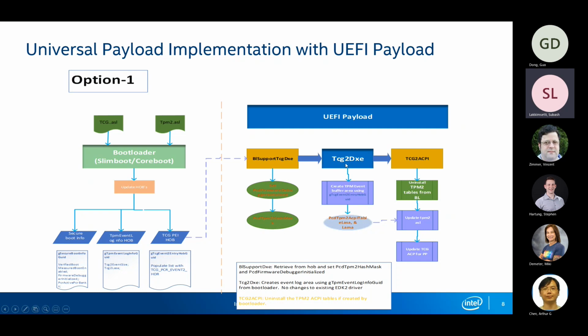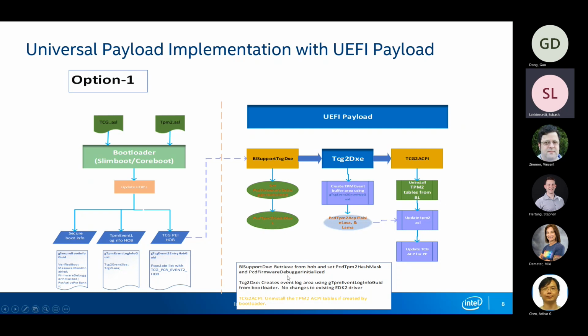Once TCG is dispatched, there is one more module coming up, TCG2 ACPI table, where we have to do a new additional implementation. We have to uninstall any TPM tables that were updated from the bootloader from the system tables, and update the required TPM2 ACPI tables, so that in the UEFI payload we minimize the core implementation changes.